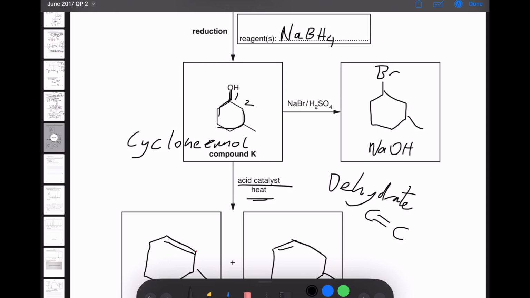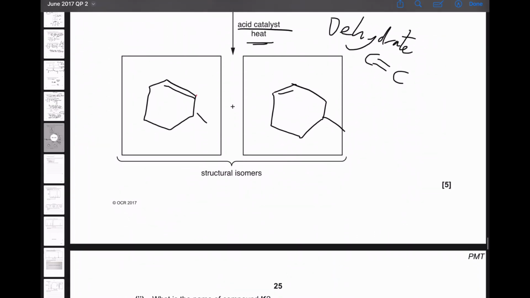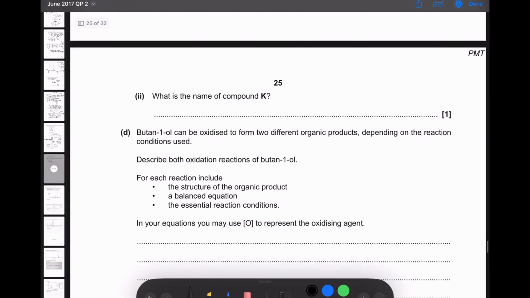So if that's group 1, that's group 2, that's group 3, it's going to be 3-methylcyclohexanol. What did we say? We said 3-methylcyclohexanol.